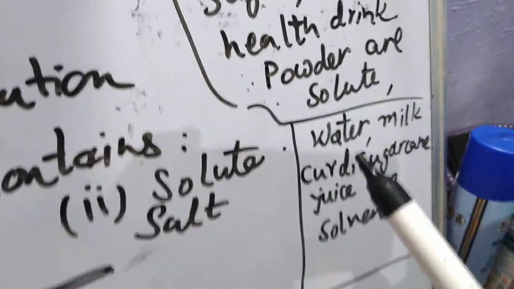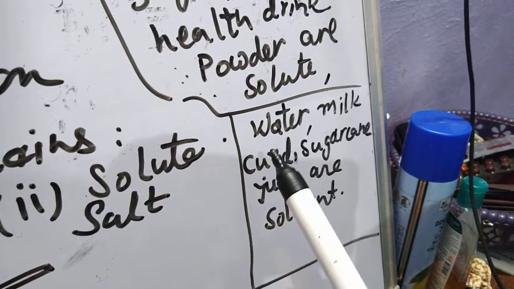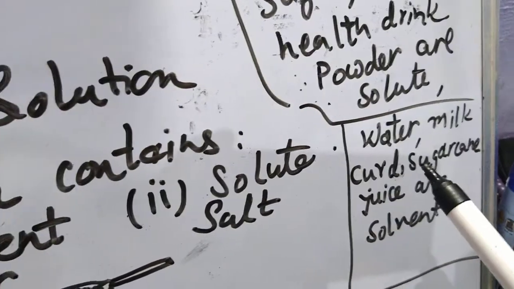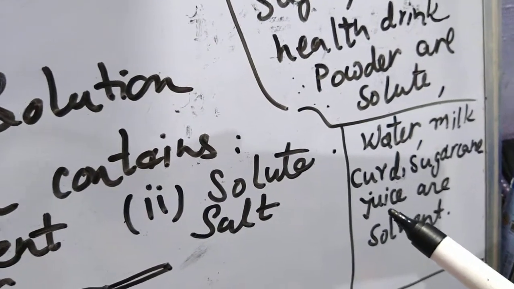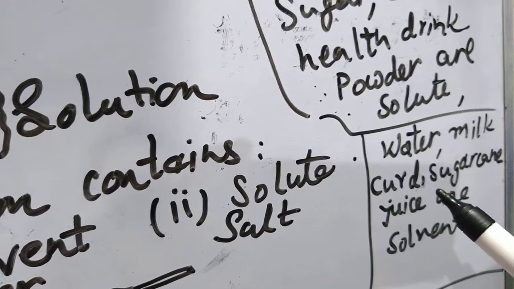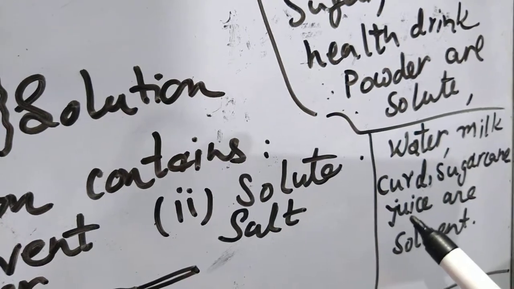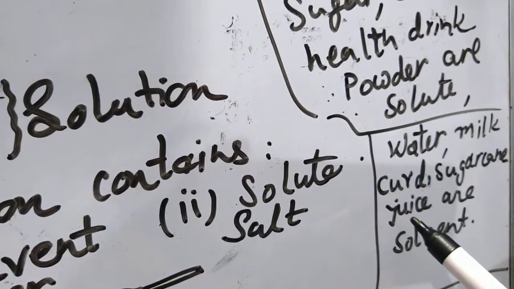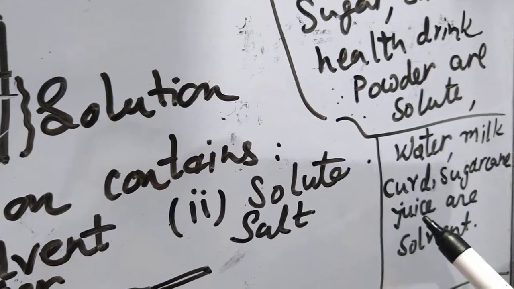And what are the different types of solvent in our life? These may be water, milk, curd, sugarcane juice. You sometimes drink sugarcane juice at the roadside, and you have seen that the person who gives you sugarcane juice adds some amount of black salt, that is rock salt, and some lemon juice in that.